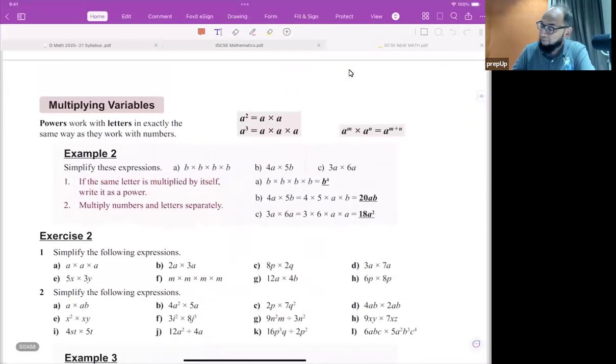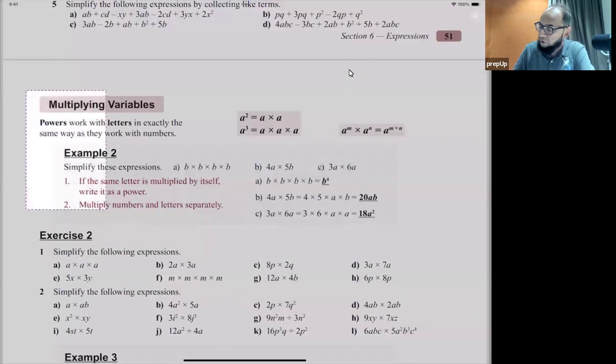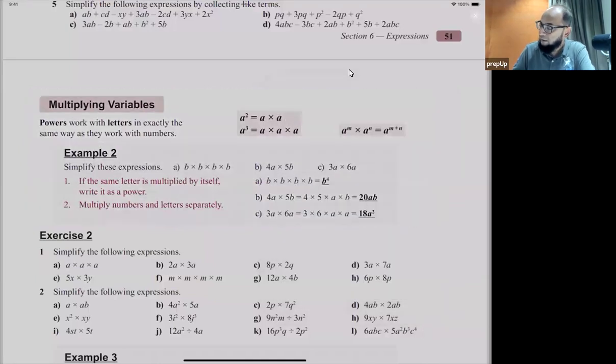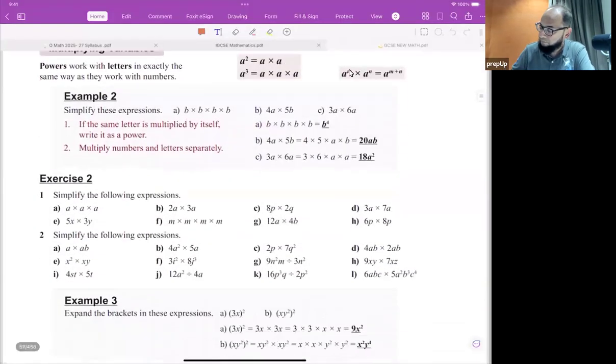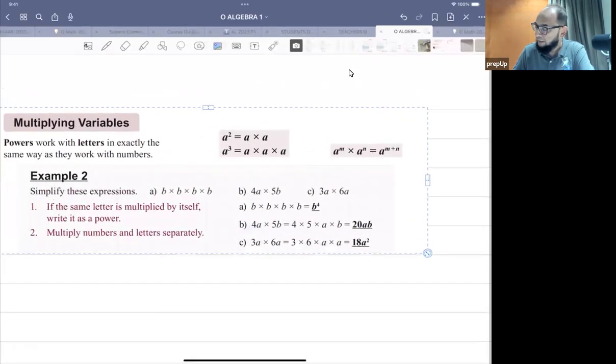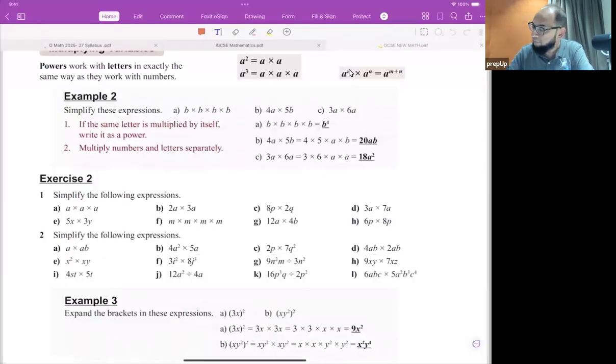Now the next thing is about multiplying variables. So let me just copy this and let me paste it over here. Like this. And let me also copy the next part.